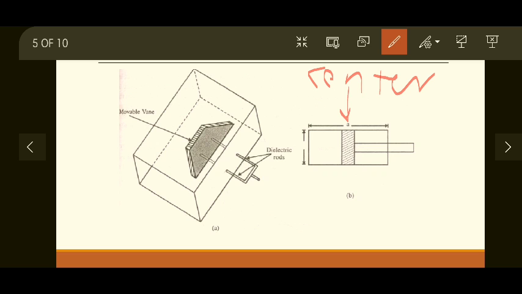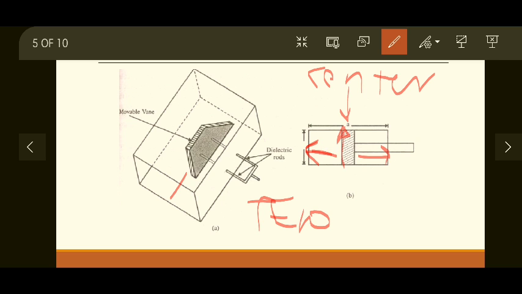The reason is that in TE10 mode, the maximum electric field is at the center of the waveguide, and when the dielectric slab is placed exactly at the center of a waveguide, then the maximum attenuation will be observed. As you move towards the walls, then attenuation will be increased or decreased. Okay, decreased, not increased, because this is the maximum one.